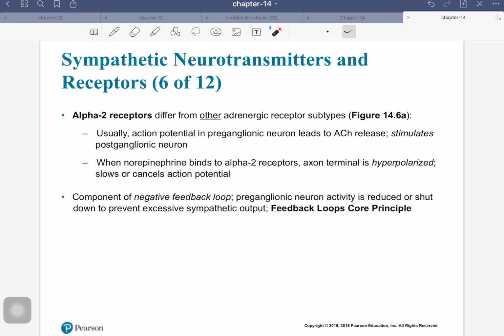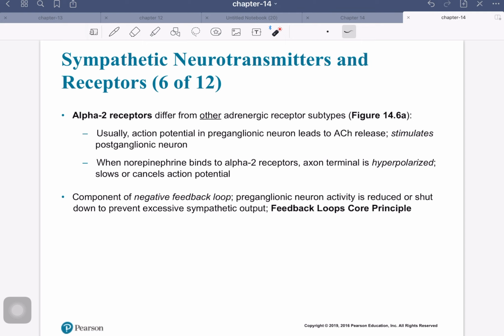And this has a role in terms of the action potential in the preganglionic neuron. Usually, the action potential in the preganglionic neuron leads to ACh release, which we've talked about, and then goes on and stimulates the postganglionic neuron.